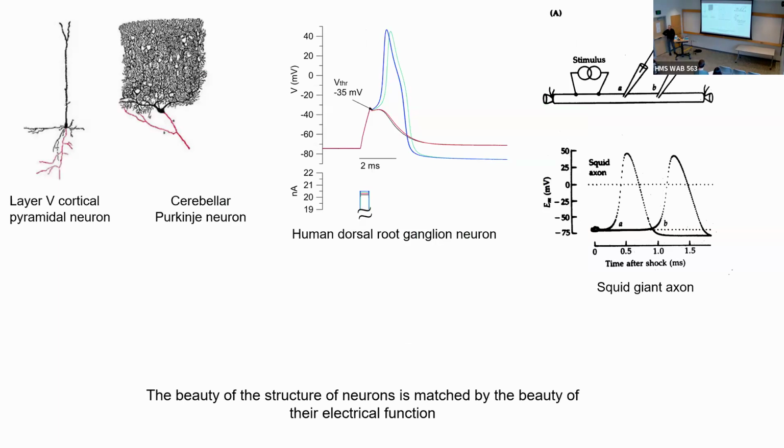So the essence of the way neurons work is through electrochemistry. And I've always been struck by, as we all have, how beautiful neurons are, the just unbelievable structure of them.